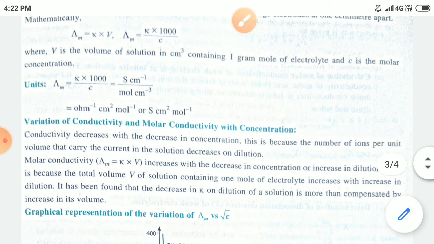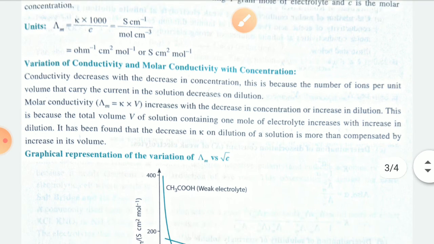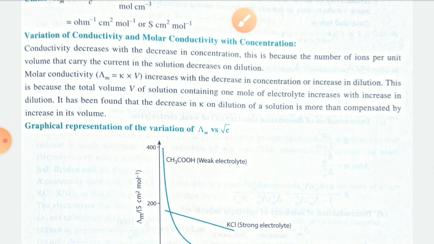So conductivity decreases with decrease in concentration. This is because the number of ions per unit volume that carry the current in solution decreases on dilution. Molar conductivity increases with decrease in concentration, or increases with increase in dilution.